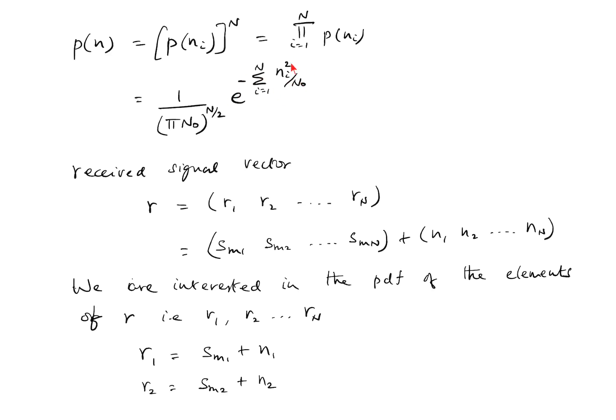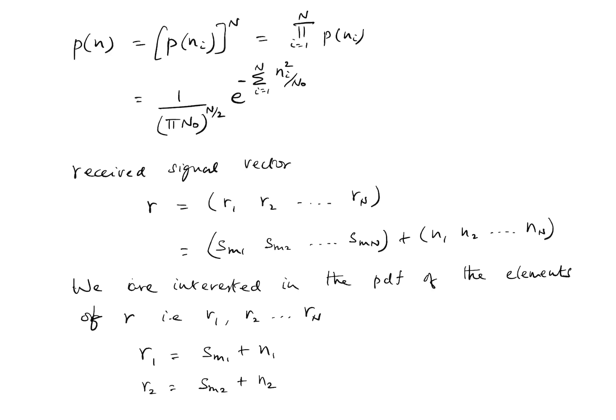E power minus n1 squared by n naught into e power minus n2 squared by n naught, and so on, is e power minus n1 squared plus n2 squared by n naught, and so on, right? So we get this summation term here. So we get the PDF of the noise vector to be given by this expression. Okay, so now we have the PDF of the noise vector.